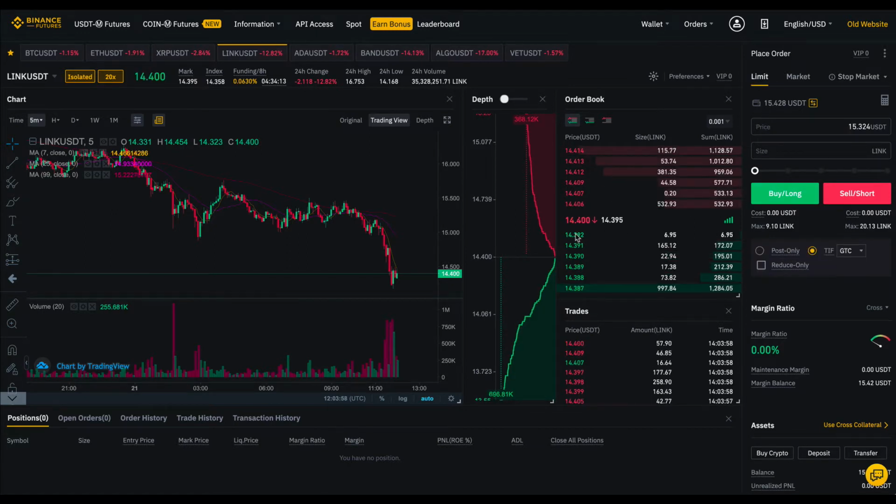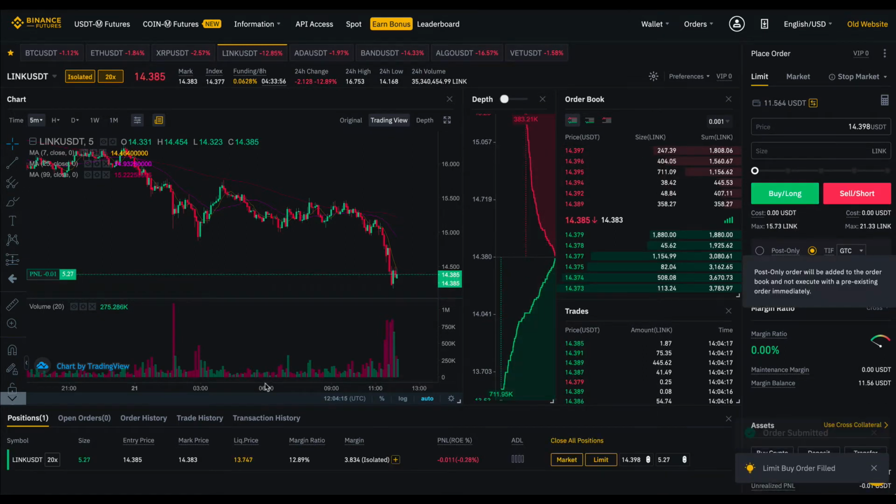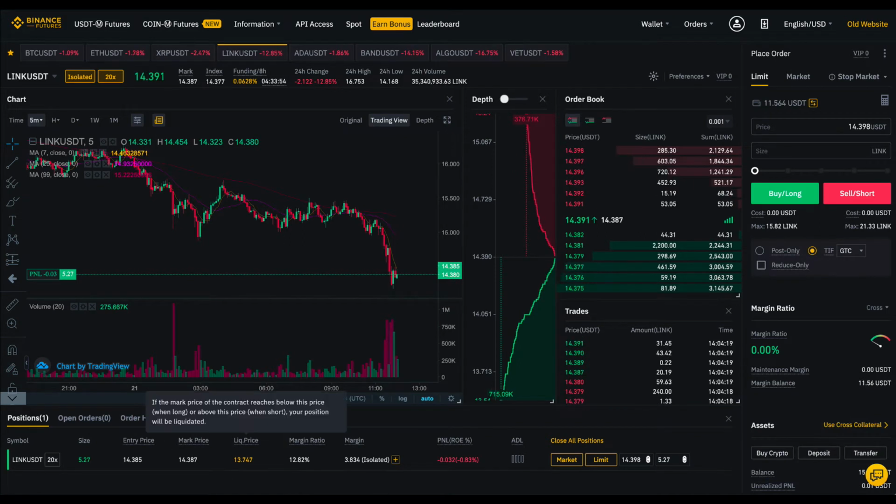It's a limit order. Normally I can just click on it. There we go. Let's say 25% of my account I'm willing to put in there, and we buy long. And there we go, we are filled now.